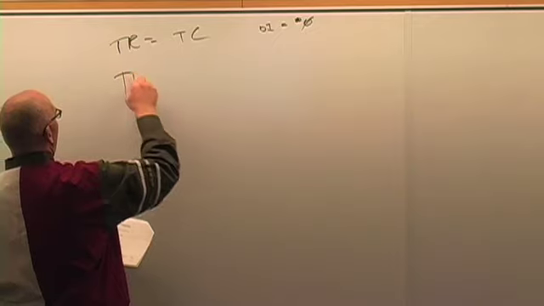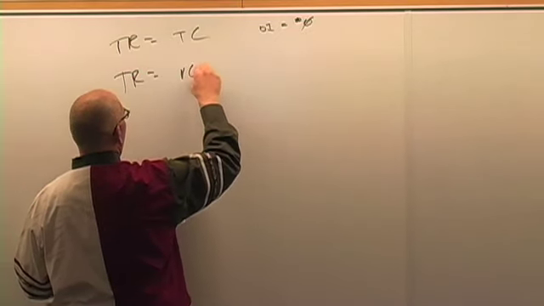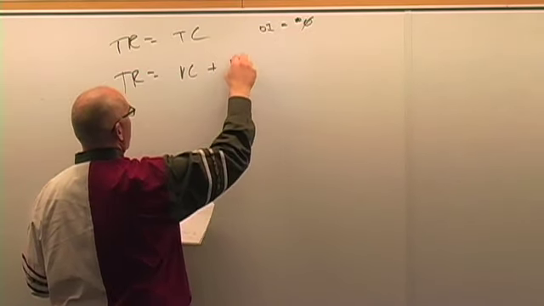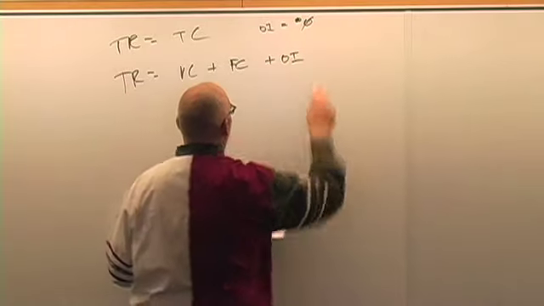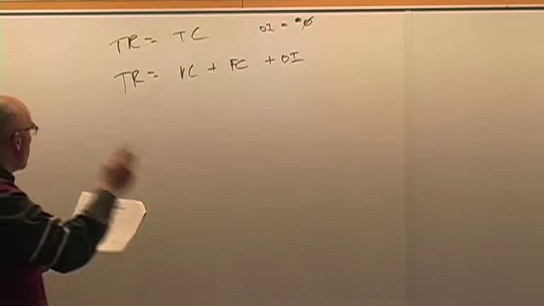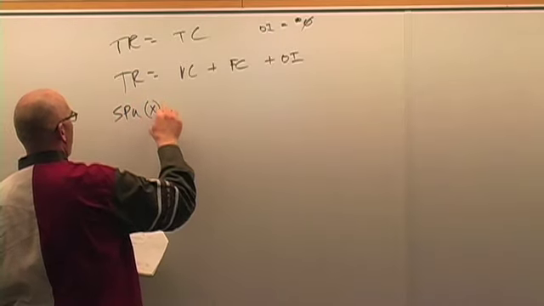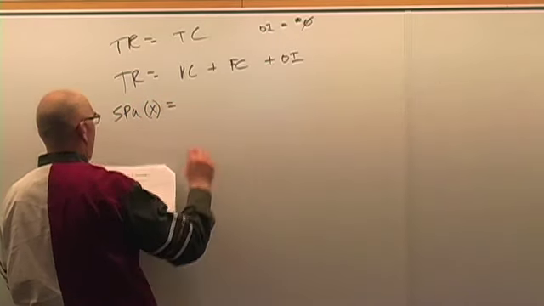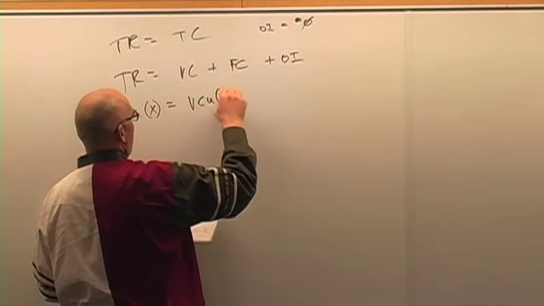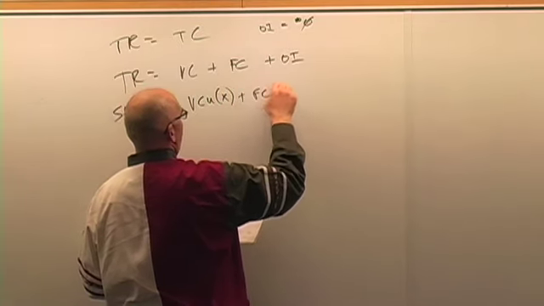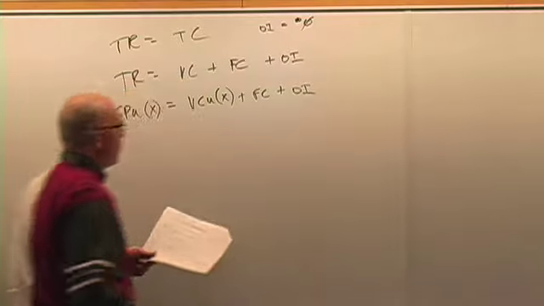So let's go. Total revenue equals variable cost plus fixed costs plus operating income. Okay? And another way to express that in a per unit version, selling price per unit times X equals variable cost per unit times X plus fixed costs plus operating income.